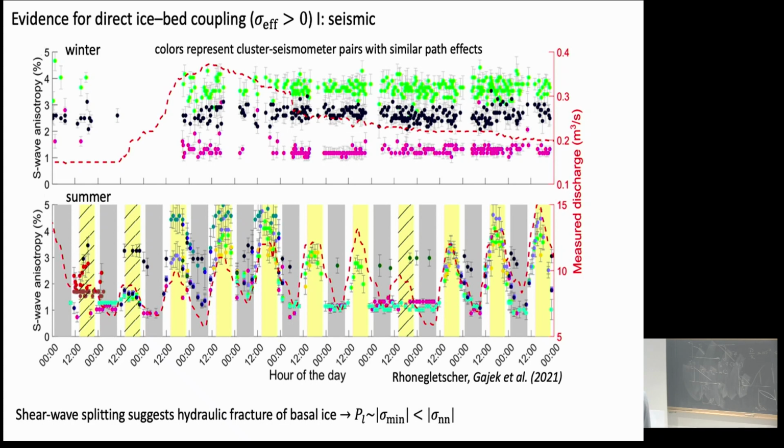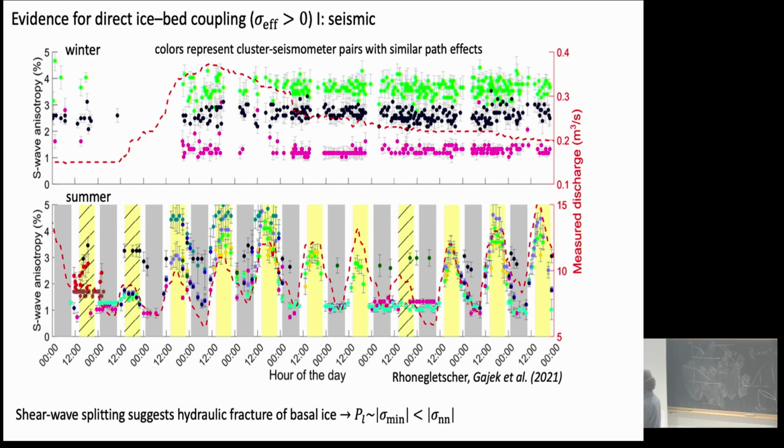And the point is that the anisotropy is being kicked off at just certain times of the day, and it seems to be following the same sort of cycles as the water pressure or the water discharge at the outlet river. And so they interpret this as suggesting that the source of the anisotropy that they're seeing in the seismic waves is cracks in the ice that are opening and closing in response to water flow rate changes.